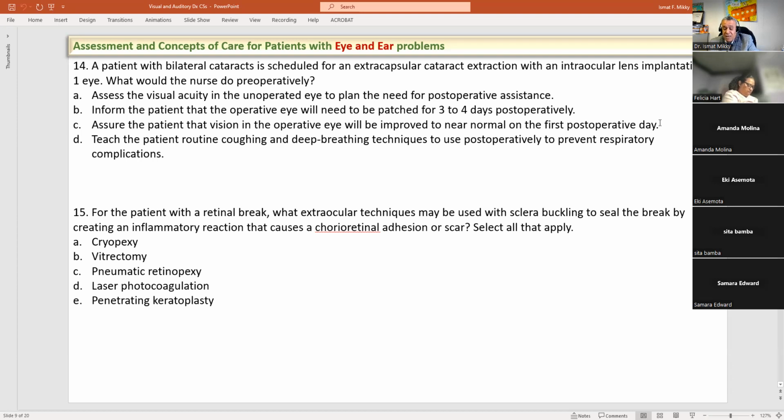They do freezing and laser photocoagulation, creating what's called an inflammatory reaction. These are procedures used with scleral buckling to seal the retinal break. So A and D.